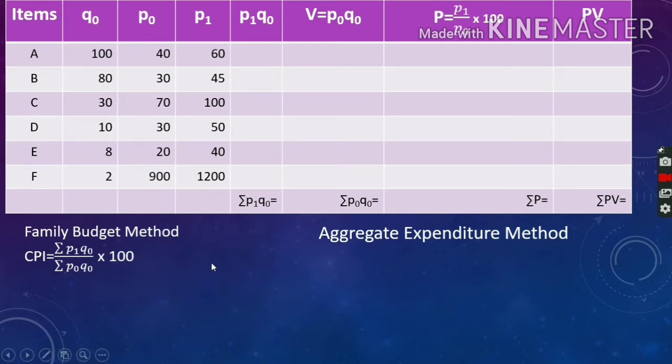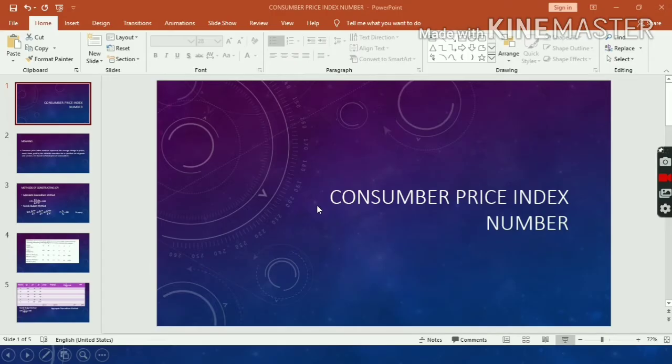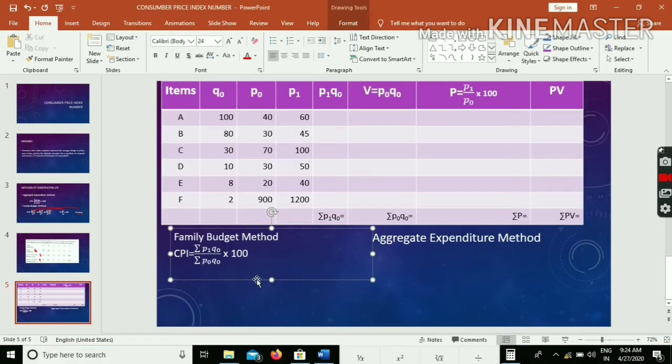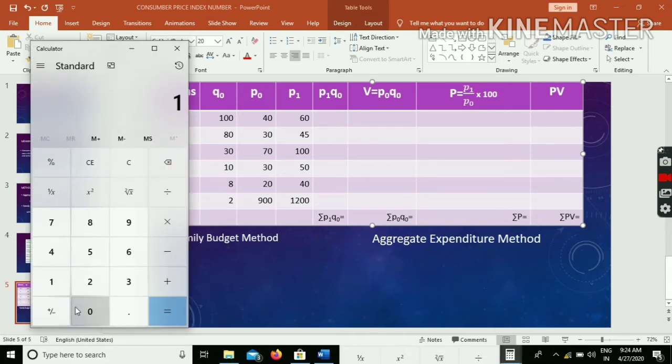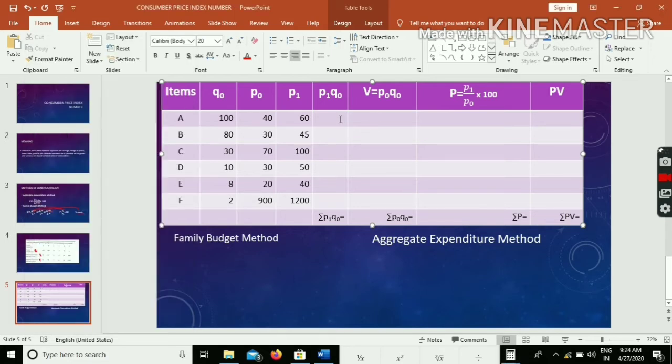I have already prepared a table. The items are A, B, C, D, E, F. Q0 is 100, 80, 30, 10, 8, 2, and P0 and P1 are given. First you need to find P1 Q0, the product of P1 and Q0. So multiply these two. 100 into 60 gives 6000.